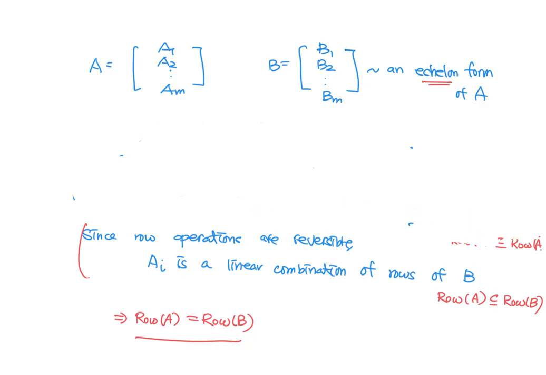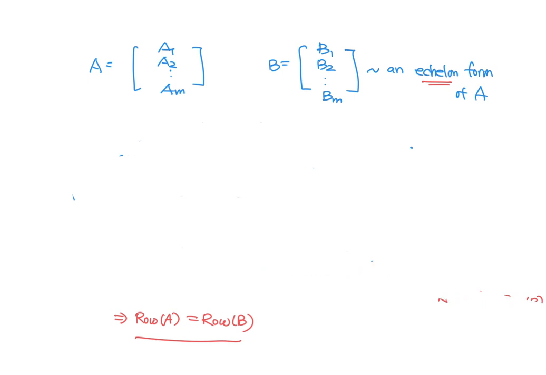And if B is in echelon form, then the shape of that matrix will be like this. You have some non-zero rows above with some pivot positions in those rows, and below those non-zero rows you have rows of zeros.